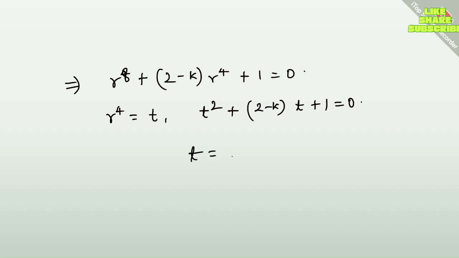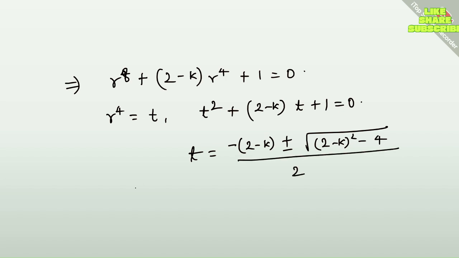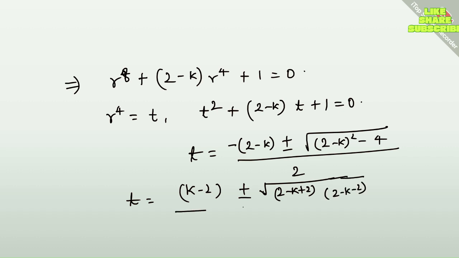If we find the solution of this quadratic, t is equal to negative of 2 minus k plus minus under root b square, that is 2 minus k square minus 4, over 2. This is equal to negative of k minus 2 plus minus under root 2 minus k plus 2 into 2 minus k minus 2, over 2.